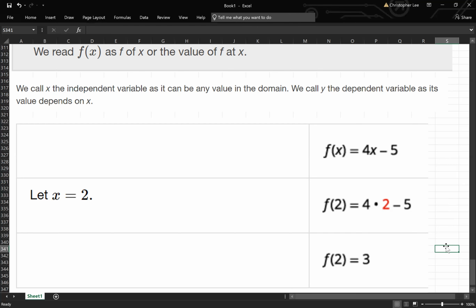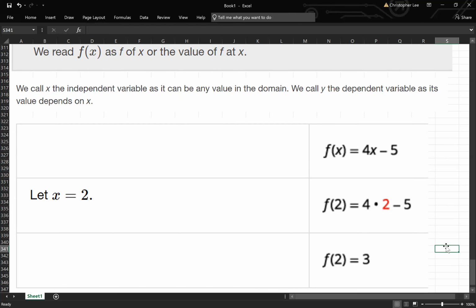Questions on that? Any questions on that? We good? Four times 2, that's 6. No, that's 8. And then 8 minus 5.